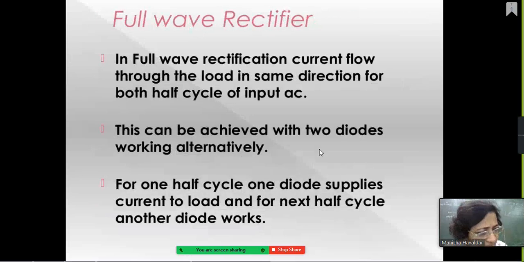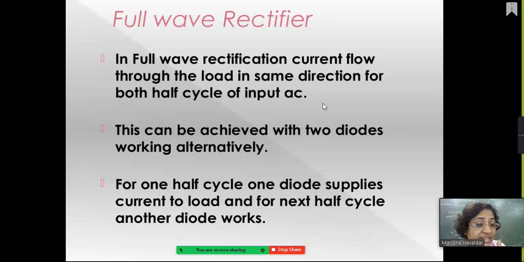So to avoid these disadvantages, what we do is instead of one diode, we use two diodes, known as full wave rectifier. So in full wave rectification, current flows through the load in the same direction for both half cycles of input AC. Okay, so as we talked about one half cycle, in the other half cycle also the other diode will be acting, and the current is unidirectional through the load resistance.